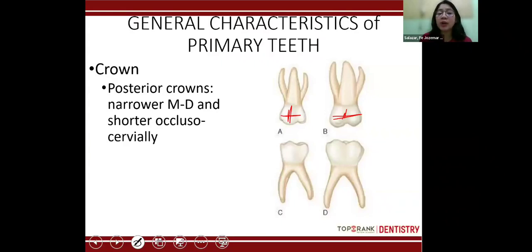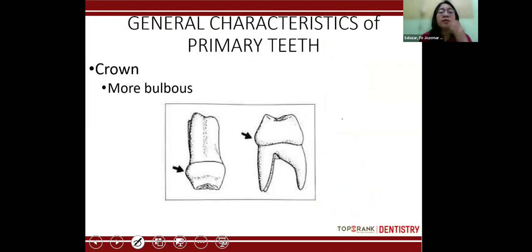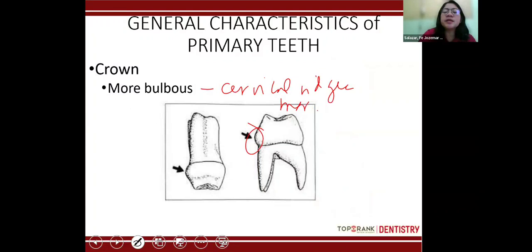Mas maliit in all dimensions. Crowns are more bulbous. Reason for that would be your cervical ridges. They have more developed cervical ridges. And remember, sa primary, lahat ng primary teeth may cervical ridges.